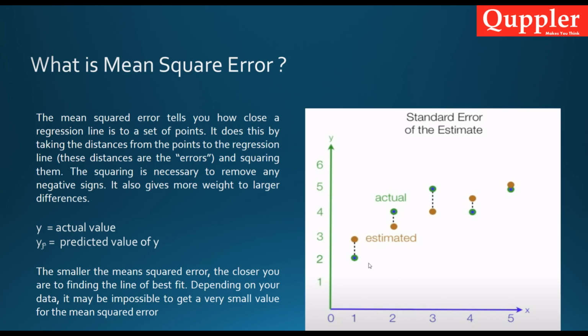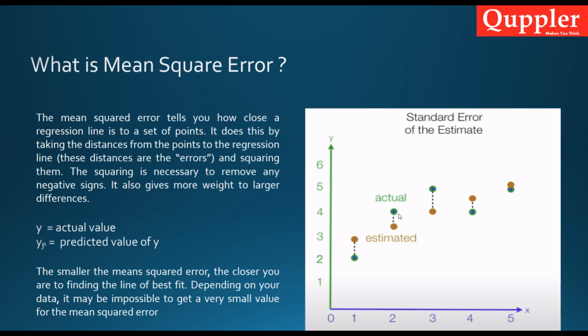Let's say in green we have the actual data set which we had plotted, and in brown we have the estimated data set. For this given data point, like for 1 comma 2, our estimate is an upward trend, in the same x coordinate but upward, so that is a positive value. That is a predicted value.